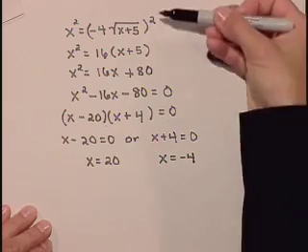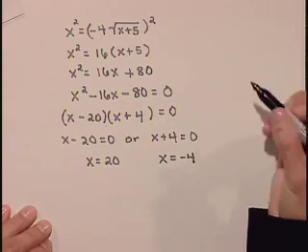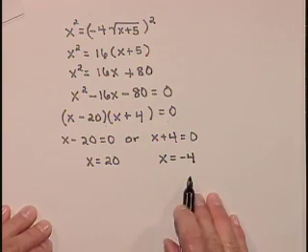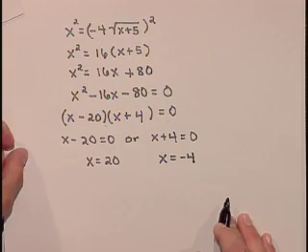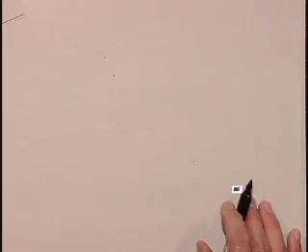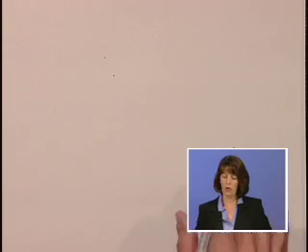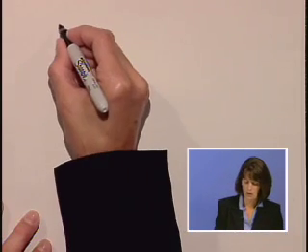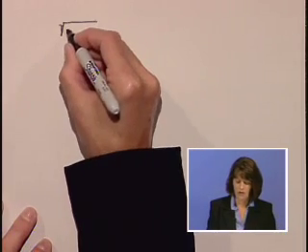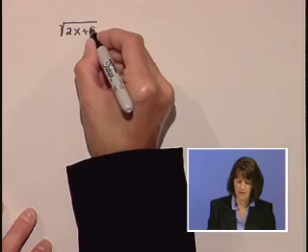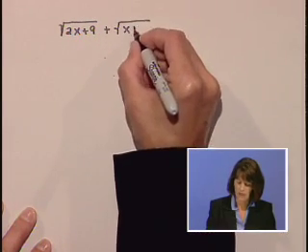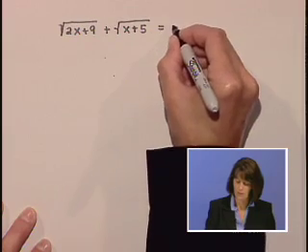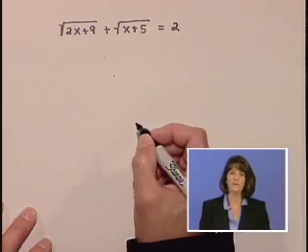But because we've squared both sides of the equation, twice even, let's make sure that we check those to ensure that we haven't produced any extraneous solutions. As we check, we want to check into our original equation, which was the square root of 2x plus 9 plus the square root of x plus 5 is equal to 2.